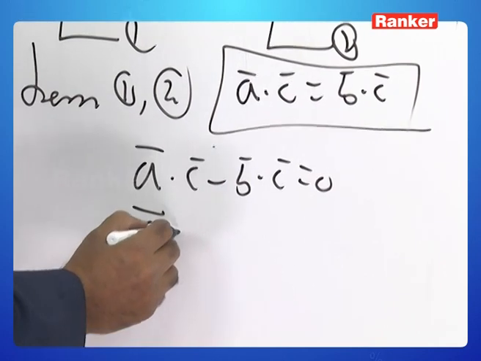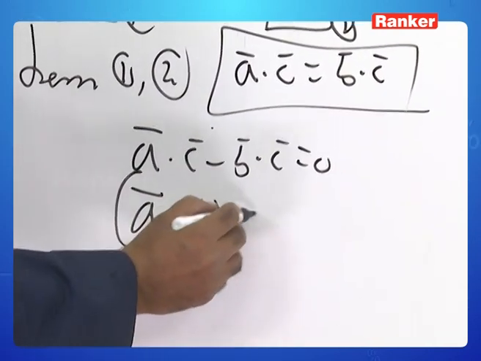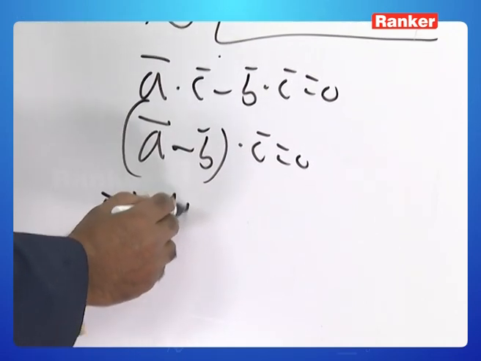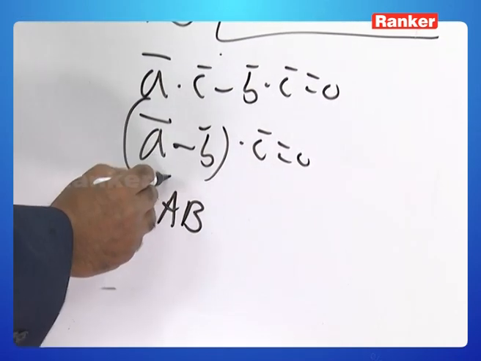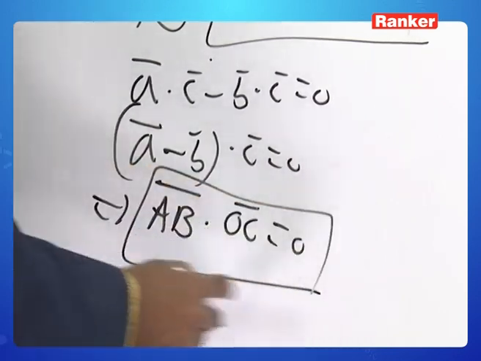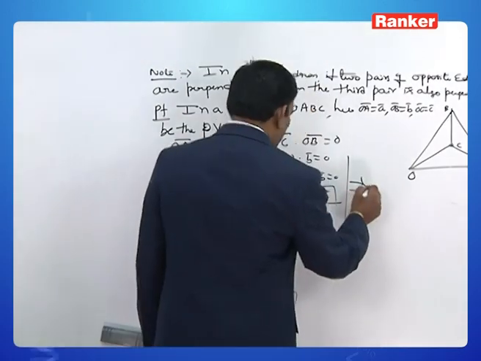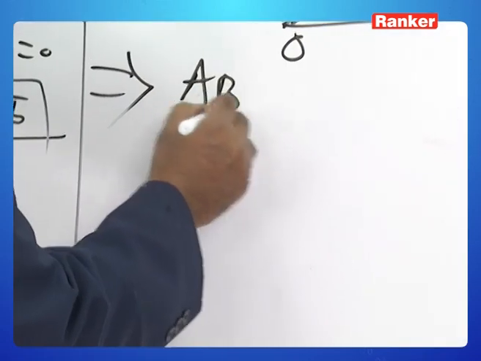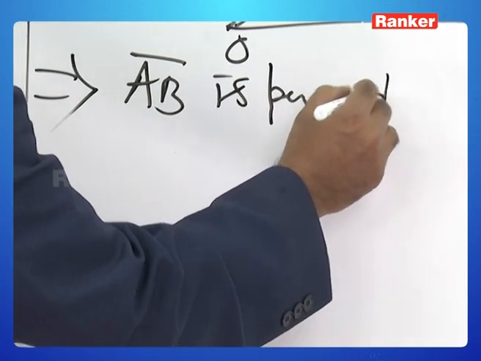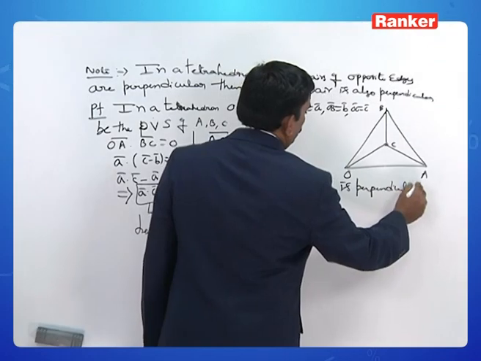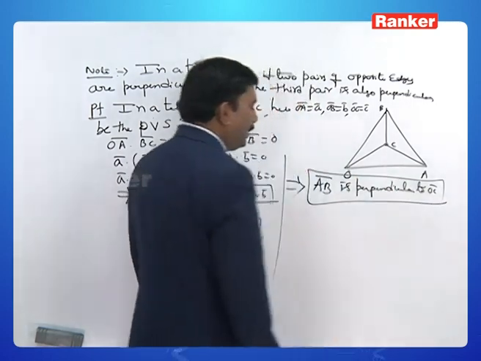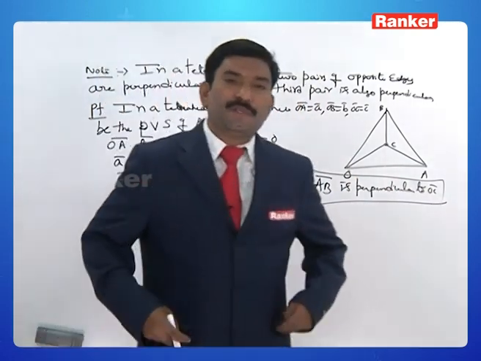That is, a bar minus b bar dot c bar is equal to 0, which implies AB bar dot OC bar is equal to 0. What we have proved is that AB bar is perpendicular to OC bar.